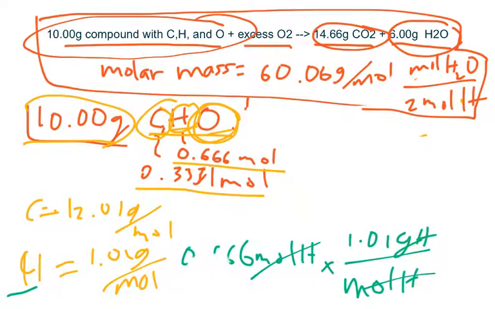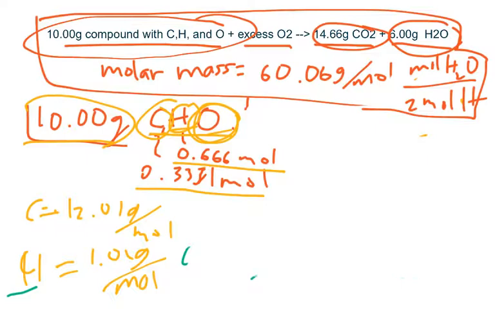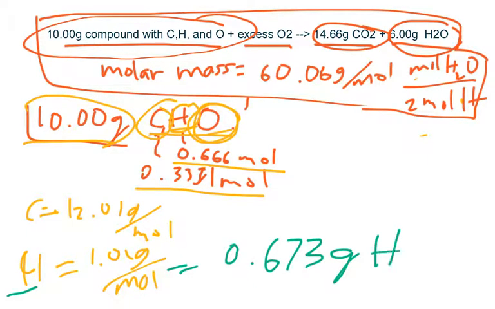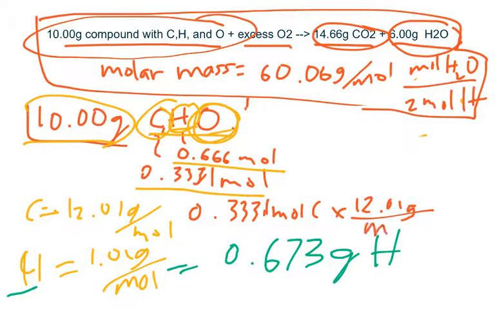We get a final answer of 0.673 grams of H. So now let's figure out the grams of carbon. So we know that there are 0.3331 moles of carbon, and let's just multiply it by the molar mass, 12.01 grams per mole.